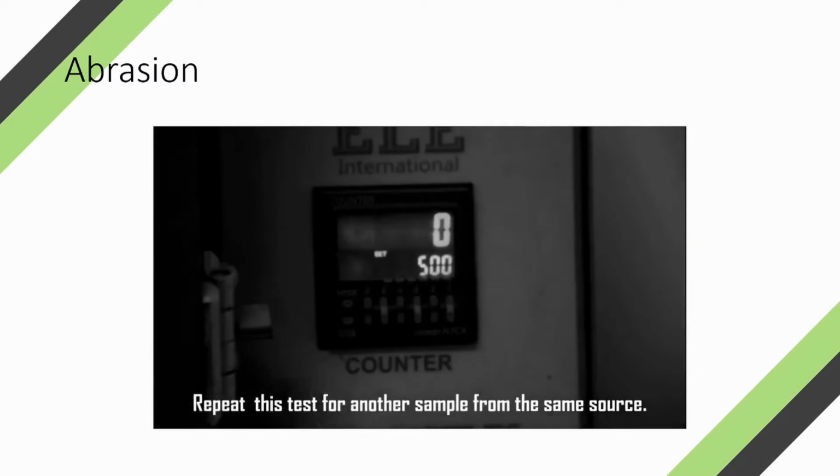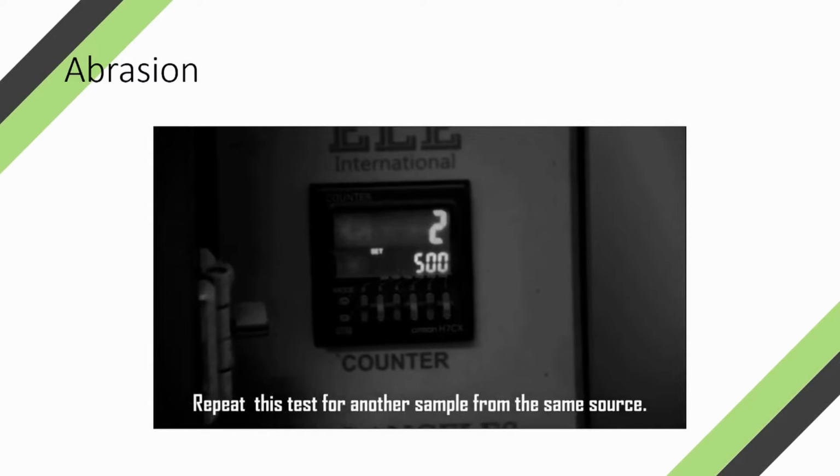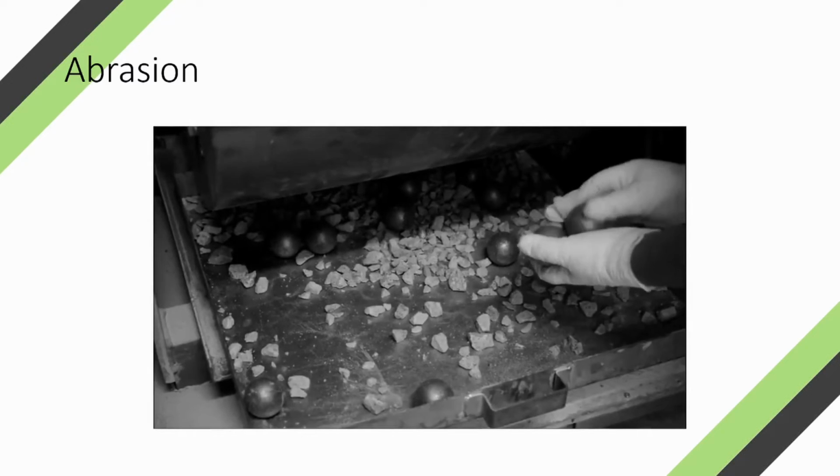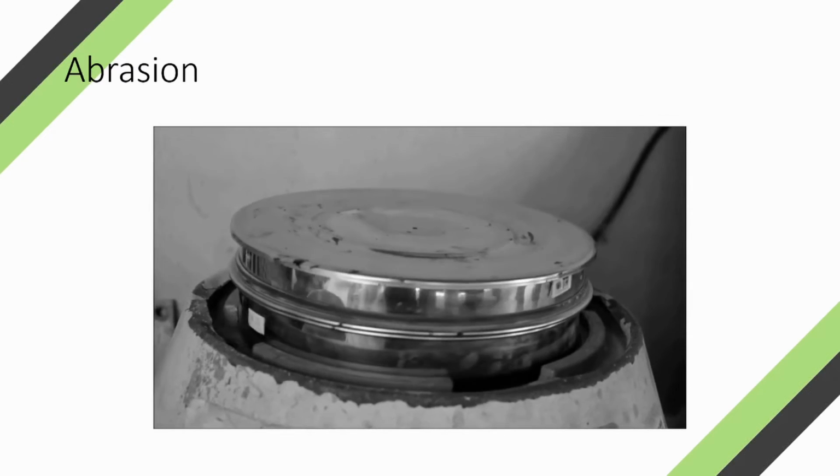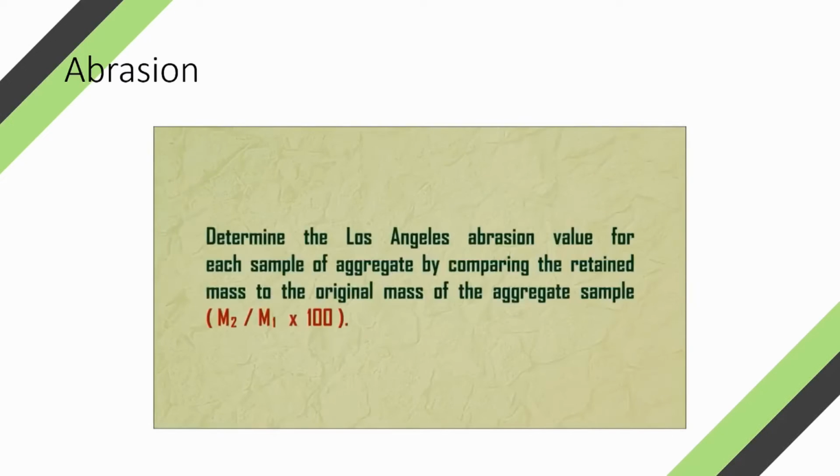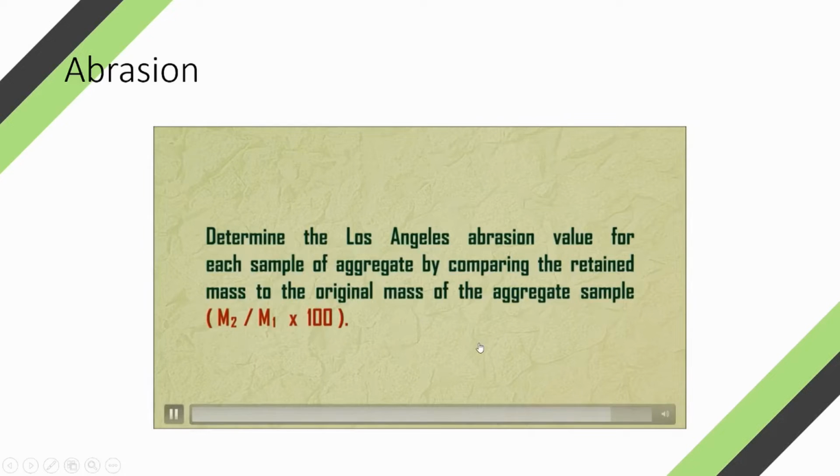Repeat this test for another sample from the same source. Determine the Los Angeles abrasion value for each sample of aggregate by comparing the retained mass to the original mass of the aggregate sample.